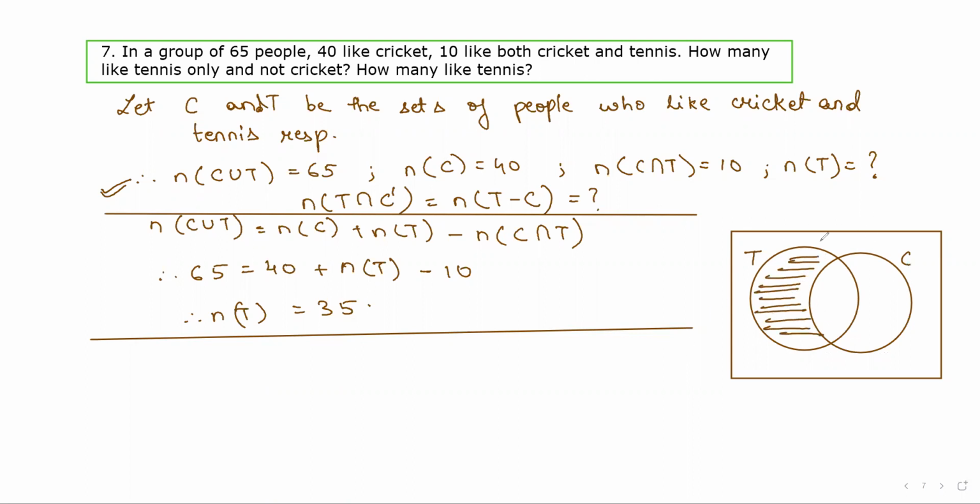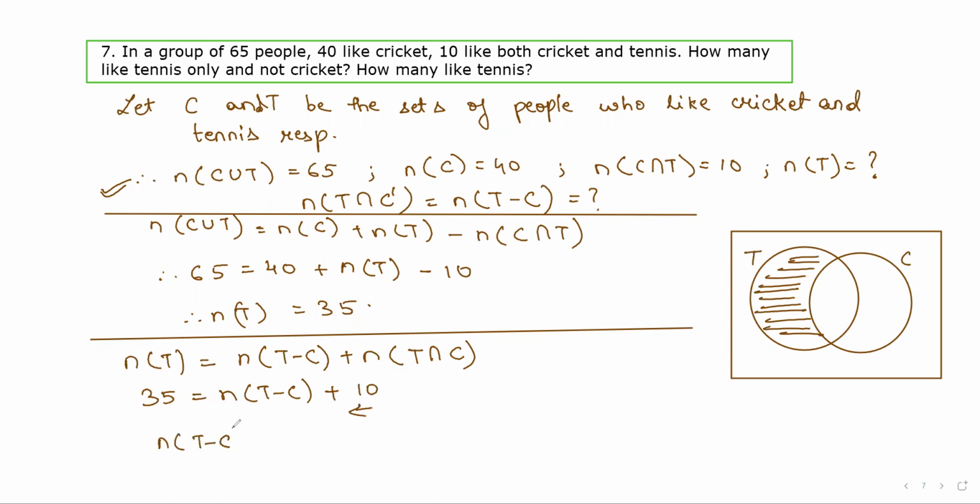We know that the complete circle is made up of a combination of elements, so n of T will be equal to all the elements in T minus C plus all the elements in T intersection C. n of T we have already calculated as 35. It's equal to n of T minus C plus n of T intersection C. T intersection C is 10. Therefore, n of T minus C is equal to 25.